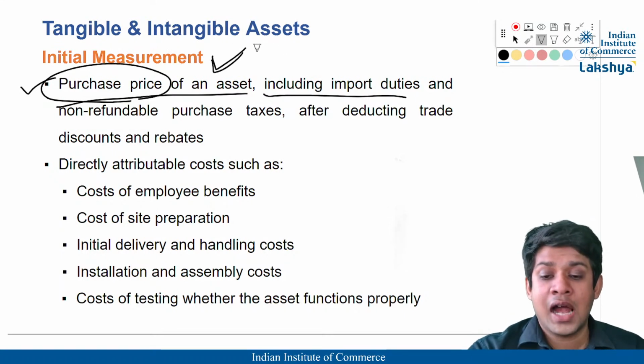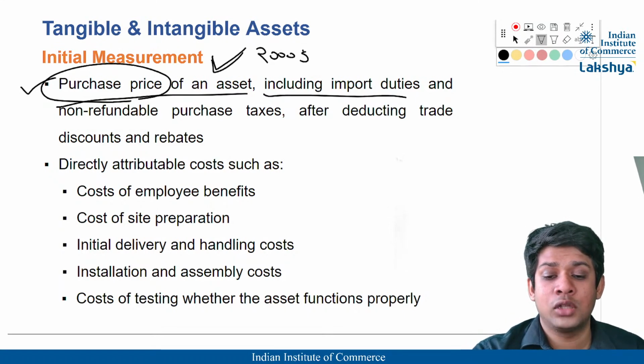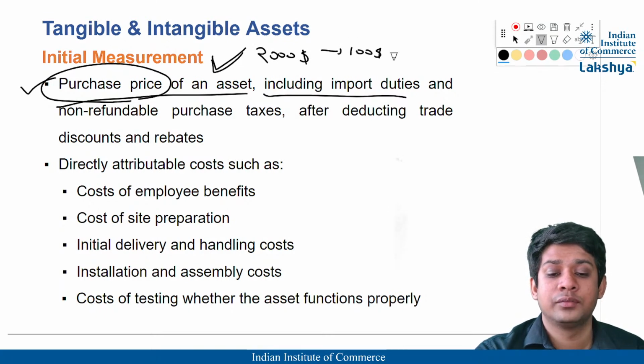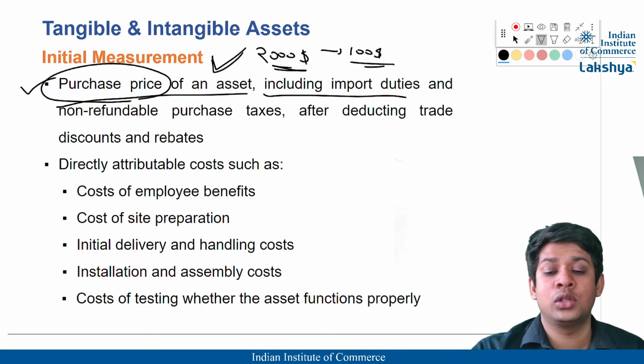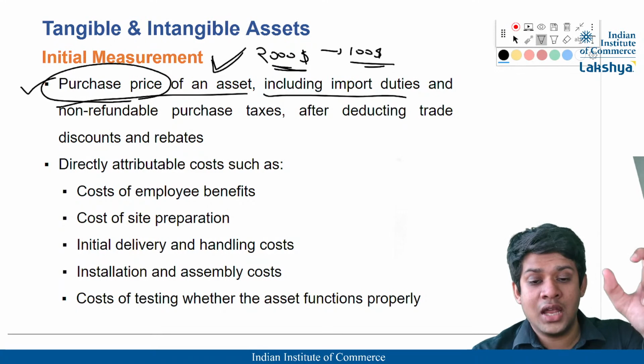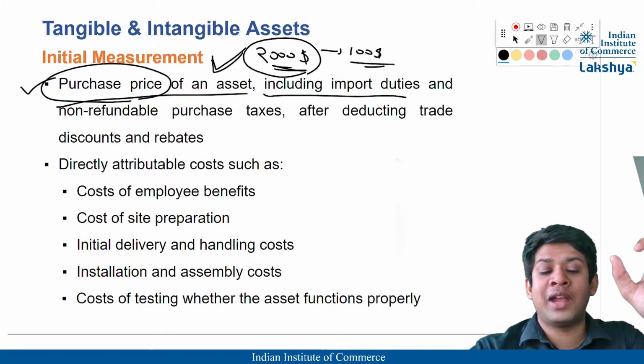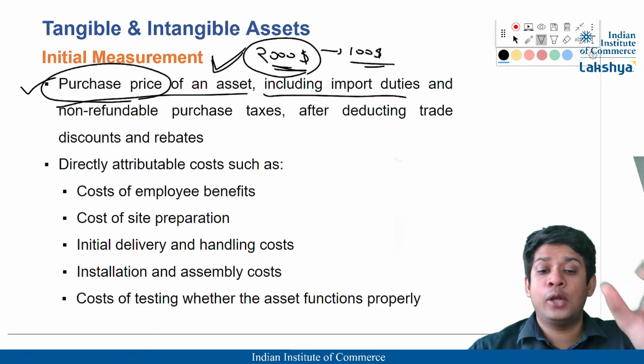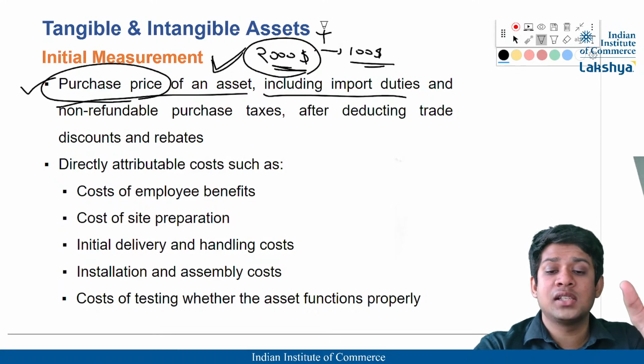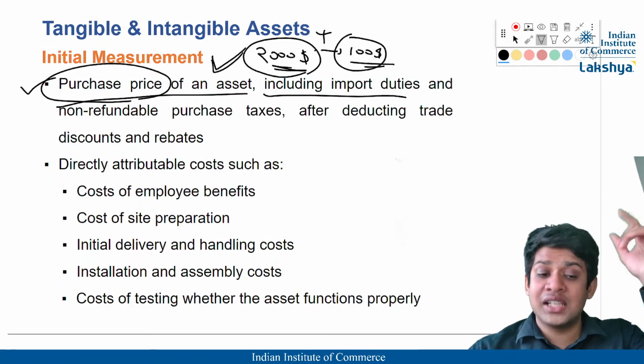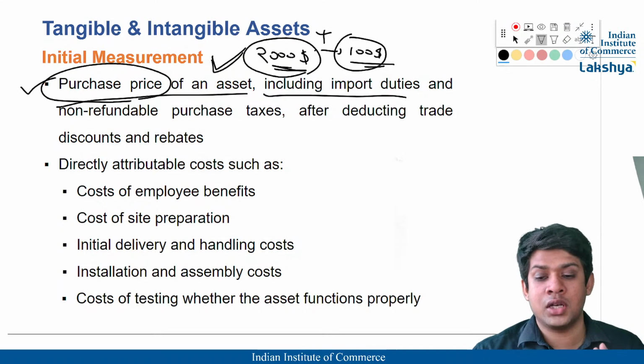That means technically, I will recognize a purchase price of $2,000. I have incurred import duties of $100. So that will also be added to the $2,000 and capitalized. The machinery will not be valued within my financial statements at 2000. It will be valued at 2000 plus this $100 because it is capitalized to the value of the machinery.